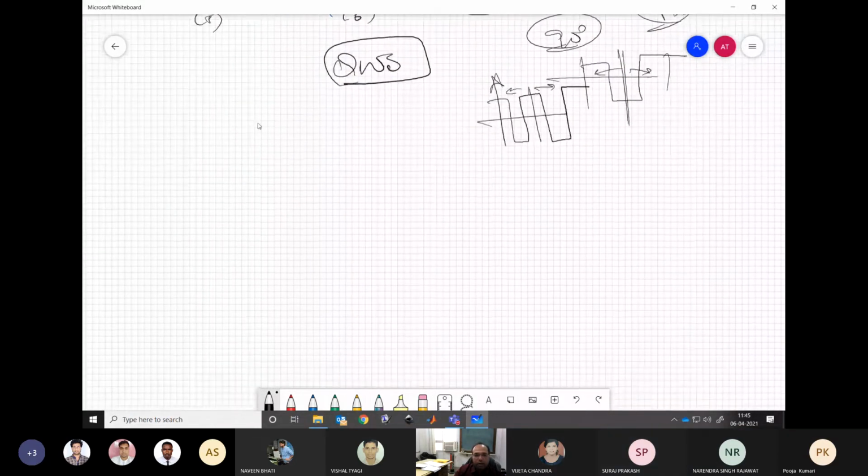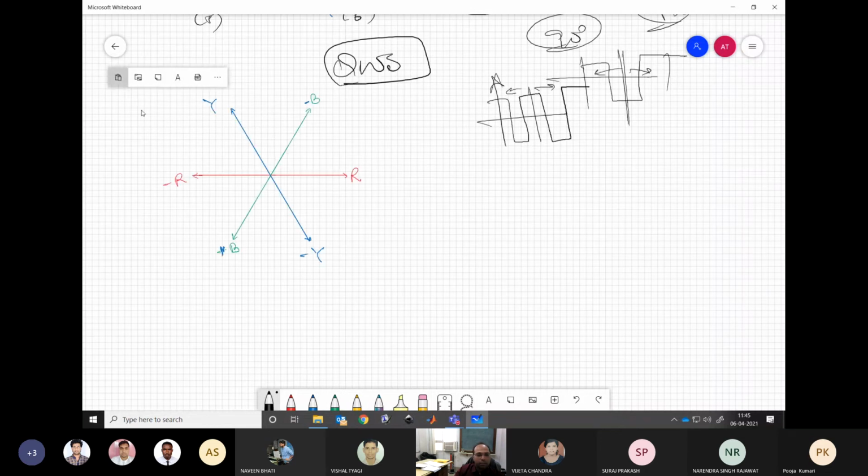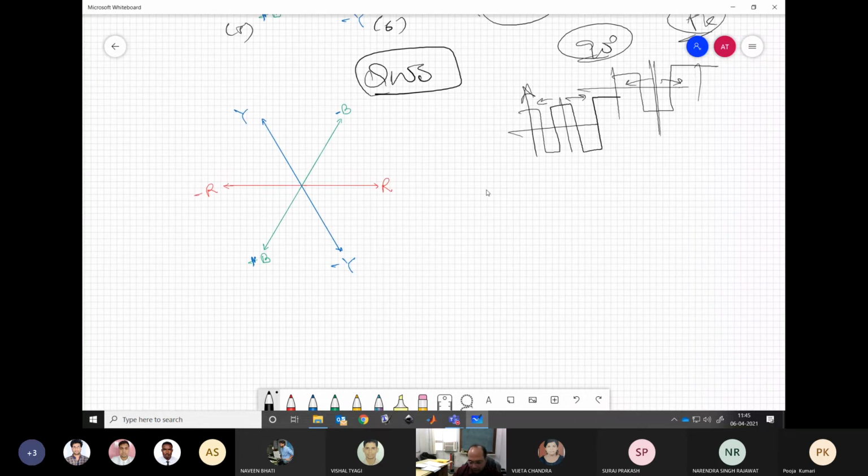When we come to our space vector, the same thing we maintain here also. We have reflective symmetry, but about the middle of the sector.